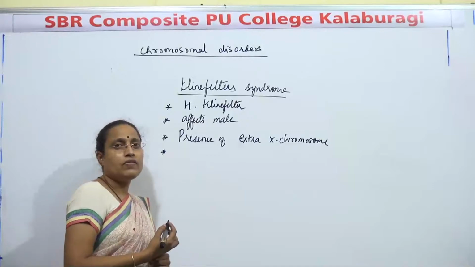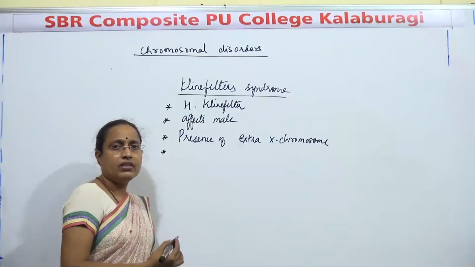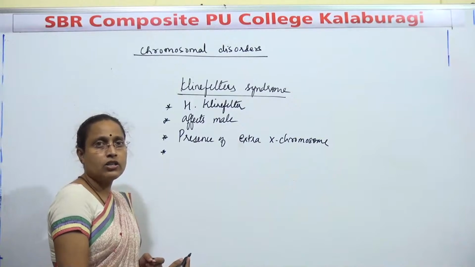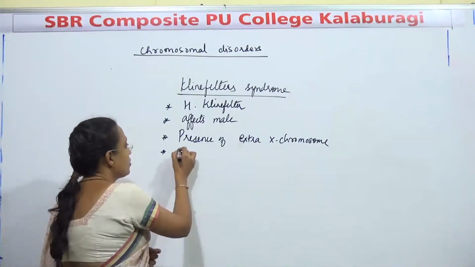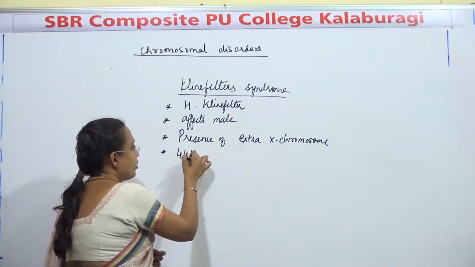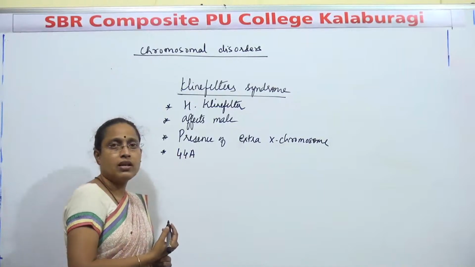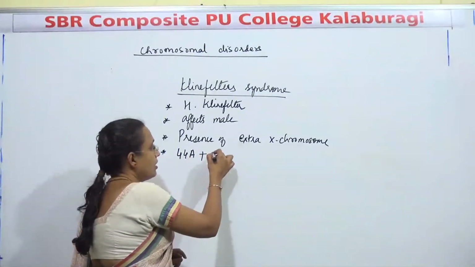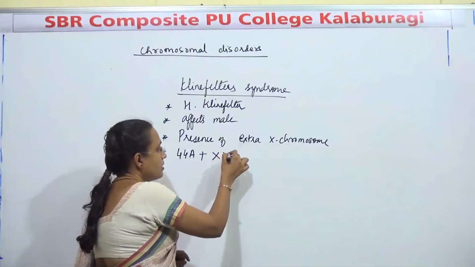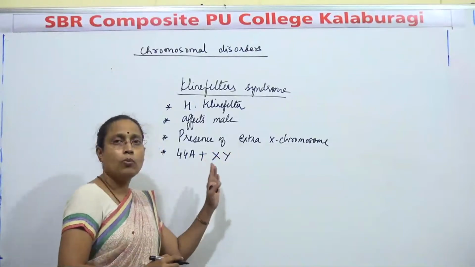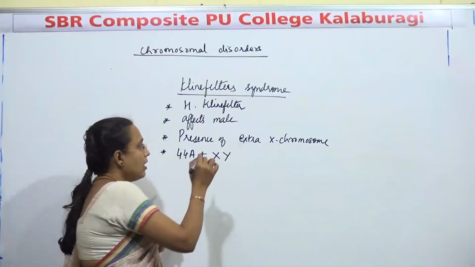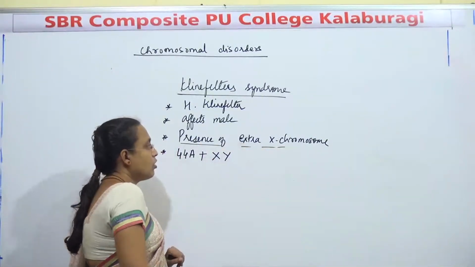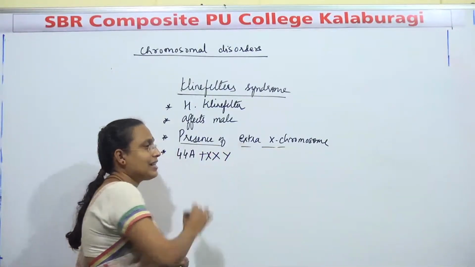Now, because of this, you can arrive at the chromosome complement here. 44 are autosomes. These are responsible for other traits, but when it comes to sex determination, you see, this is a normal male. Now, what if this disease comes? There is an extra chromosome, so it will be XXY.